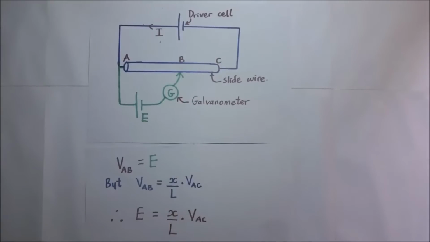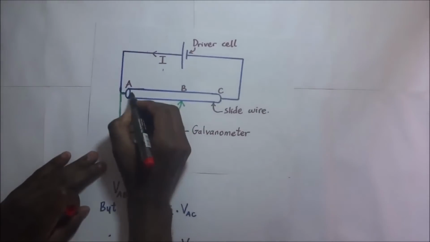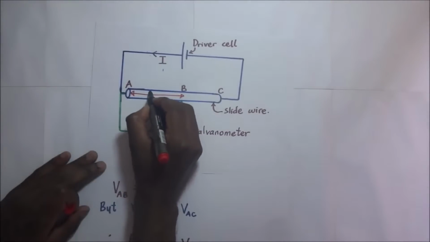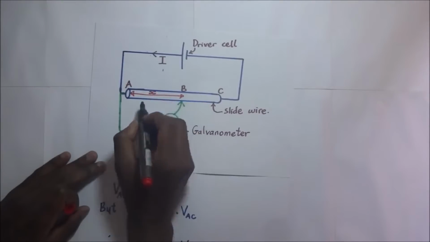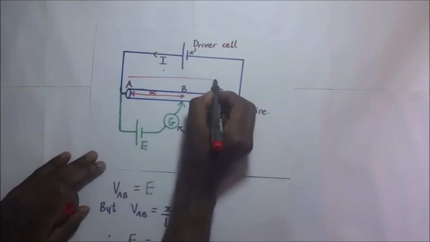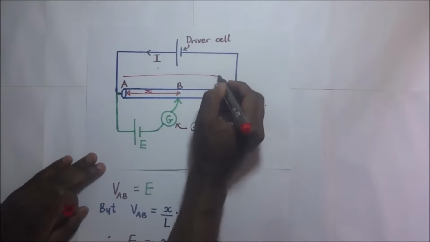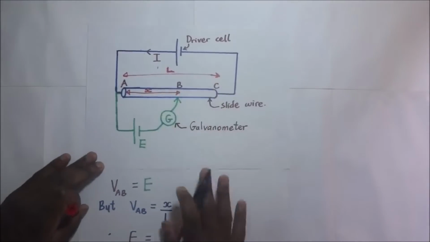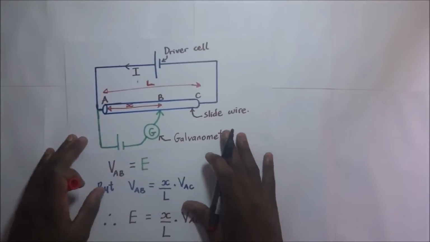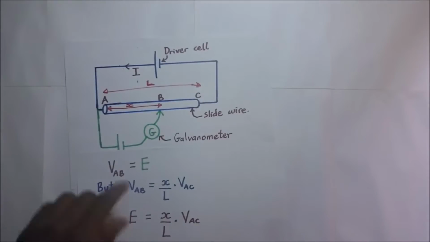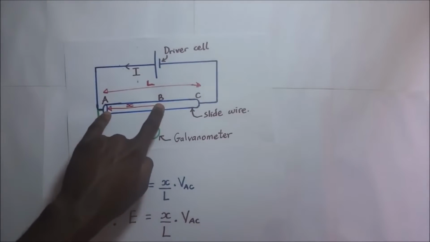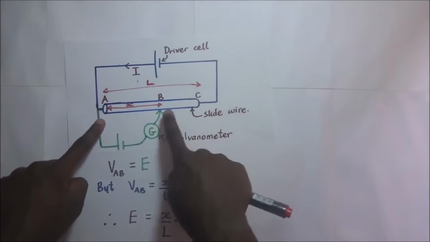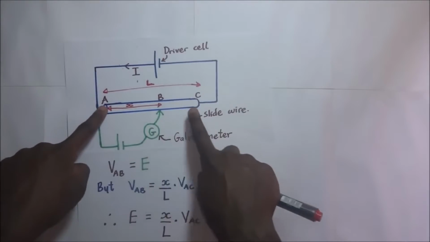If we call the balance length X, and the length of this whole wire from here to there L, then the PD across AB over the PD across AC is equal to the length AB over the length AC.